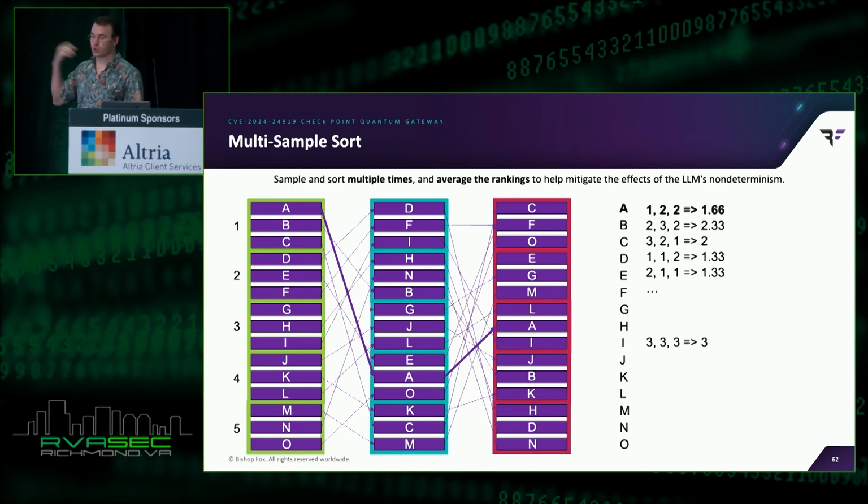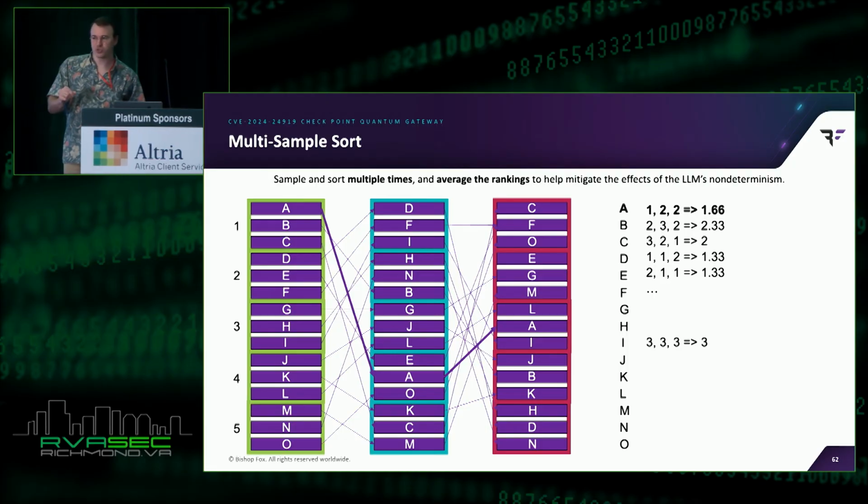The problem is your comparator, the thing that is comparing one thing to another, is both non-deterministic and doesn't present an objective numeric score. So the idea is to give every item as much exposure to all the other items as possible. And it's hard to do that if you have a really small context window.